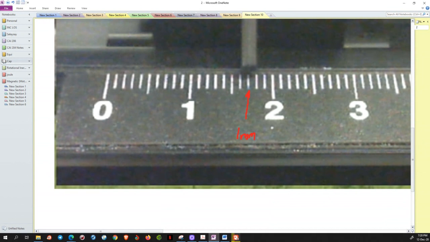So if you are starting from this point, 1 millimeter, that means if you want to measure the next point, 2 millimeter, just imagine this plastic. There is a small line in the middle. It's pointing at 1 milli.